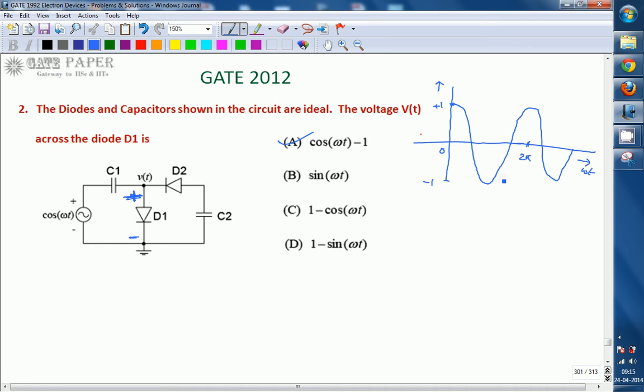Okay. What was given is that the diodes and capacitors are ideal in the circuit. So at t equal to 0, we will see what happens. At t equal to 0, the value of cos omega t is equal to 1. So 1 volt is the input for the circuit, and for that we can write like this.